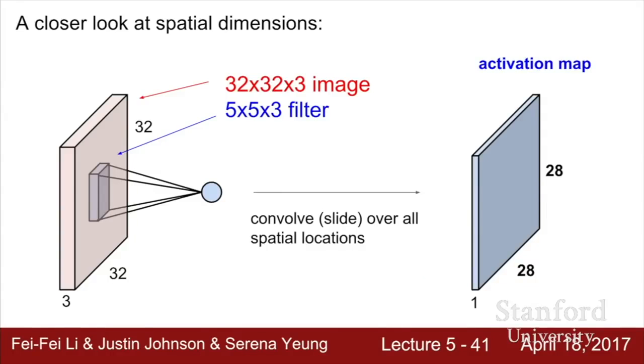Remember, each filter does a dot product through the entire depth of your input volume, but that produces one number. So each filter is producing a 7 by 7, in this case, activation map output. And so the depth is going to be the number of filters that we have.